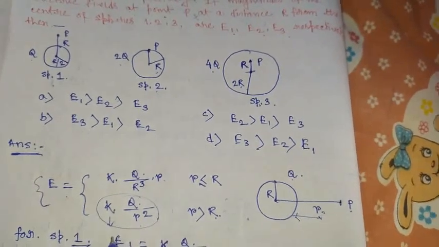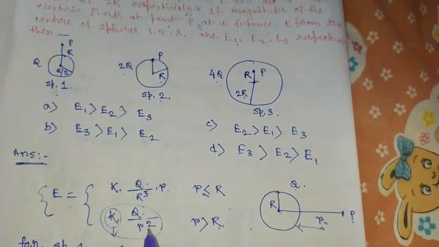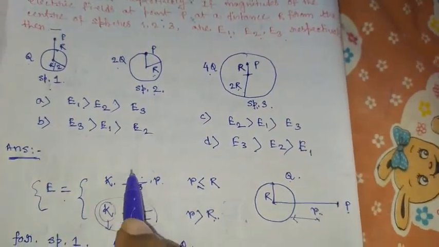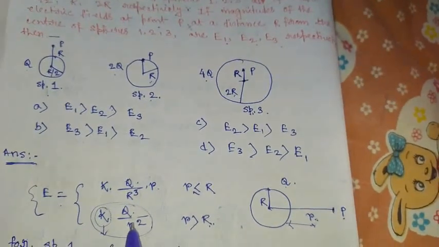We know the value of k. So k is a constant, so focus more on these two parts rather than on constants.